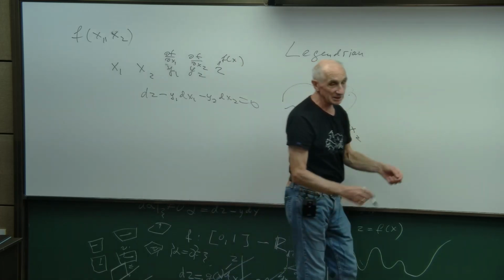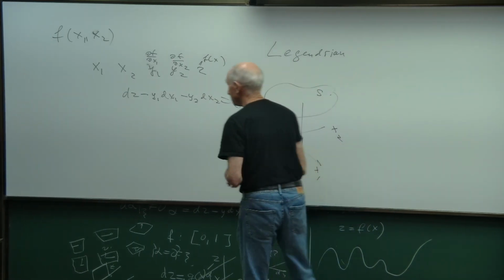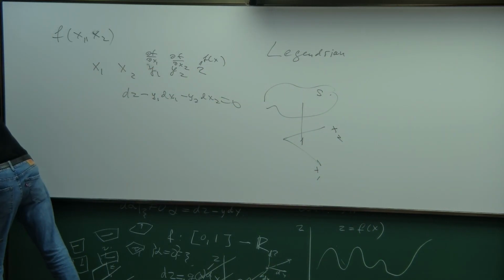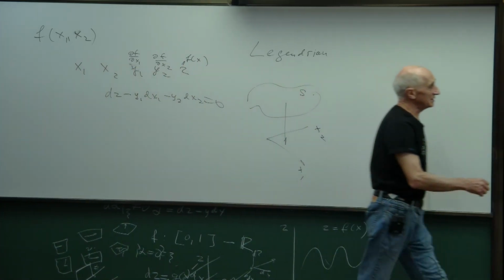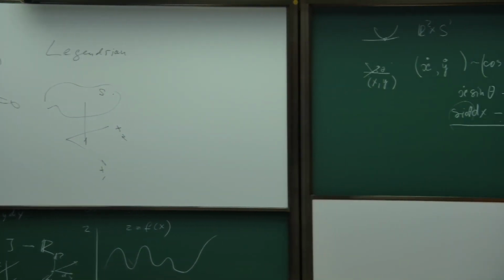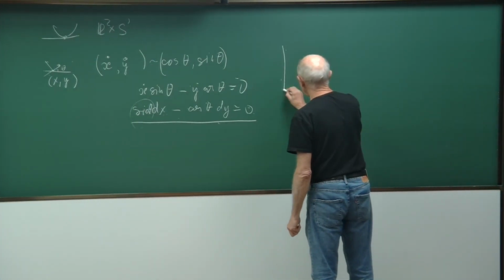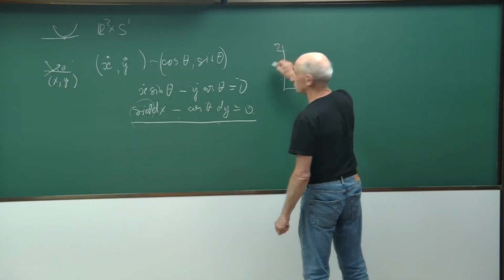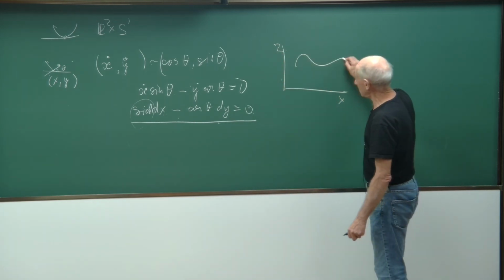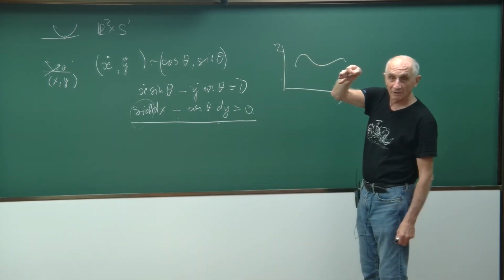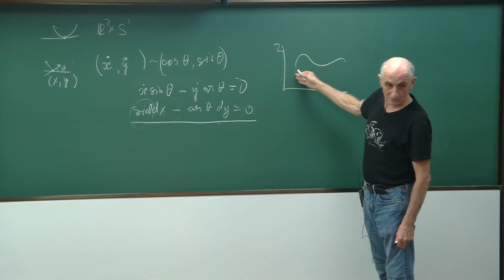Or in this 1-dimensional case, when you have this curve in 3-space, if it is graphical when you project to the xz plane, then automatically the second coordinate is just the derivative of this function.